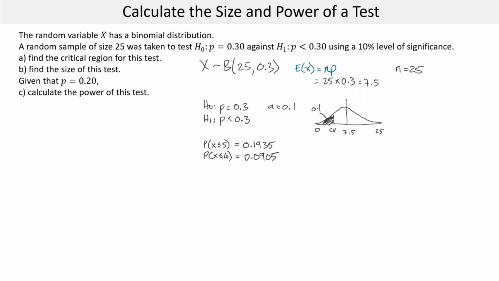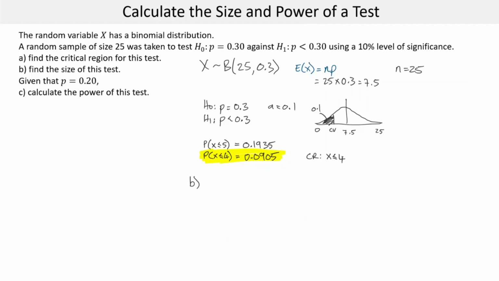So probability x is less than or equal to 4. Now that gets us a probability of 0.0905. Here we are less than 10%. 4 is our critical value, which means our critical region is x is less than or equal to 4. That's what the question asks us to do in the first instance.